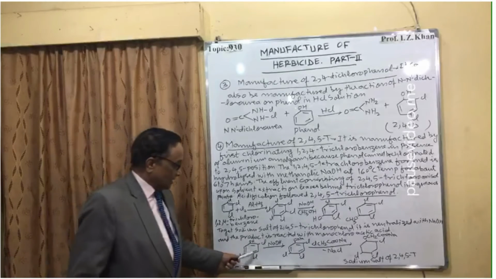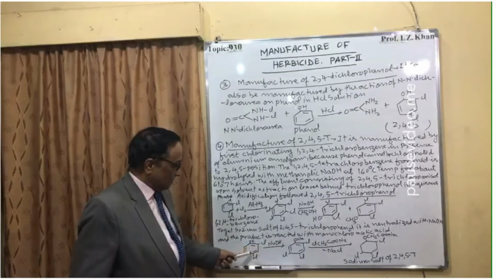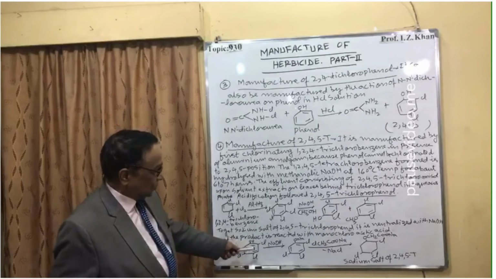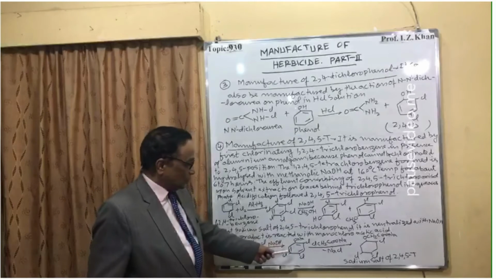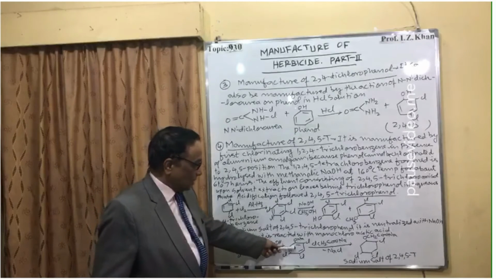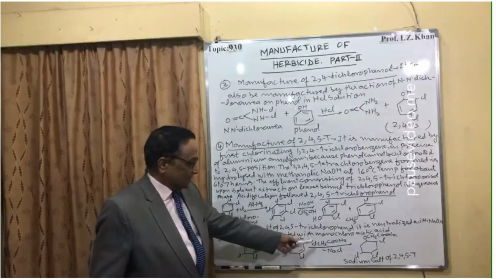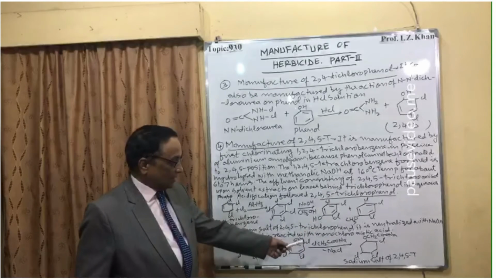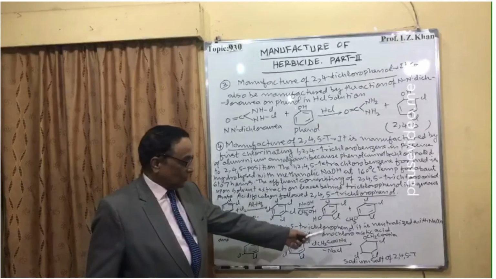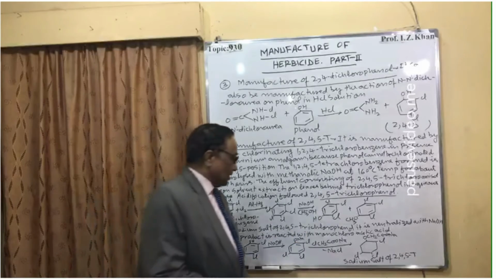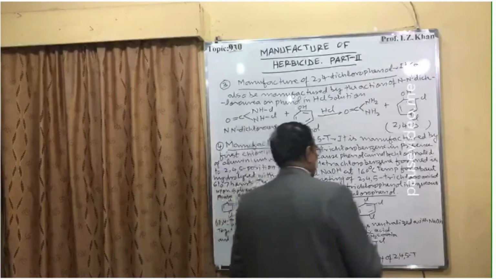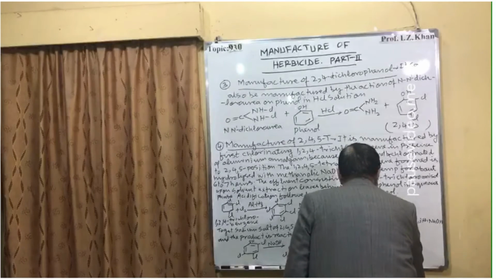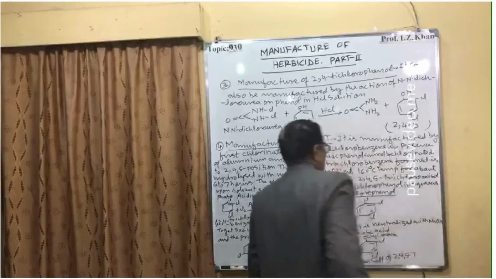So with sodium hydroxide, this 2,4,5-trichlorophenol will be changed into the salt, ONa, and again it is treated with monochloroacetic acid. That is, it will finally be converted into the sodium salt of 2,4,5-trichlorophenoxy sodium acetate.